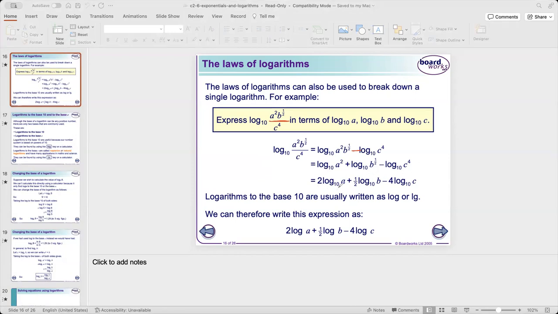So 2 log A plus 1 over 2 log B. Logarithm to the base of 10 is usually written as just log. So that's the reason why you might not actually show the base. So it gives you 2 log A plus 1 over 2 log B minus 4 log C.